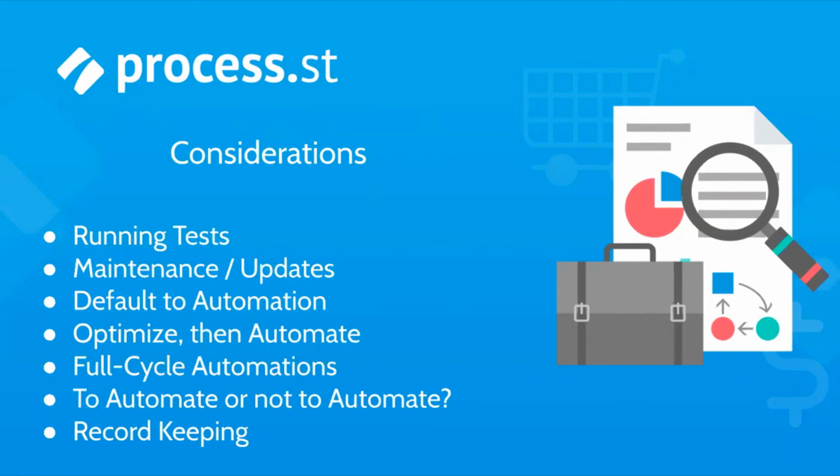Also, you have to consider whether or not to automate or not to automate. Of course, this is that famous Shakespearean quote, you know, to automate or not. No, I'm just kidding. But you want to consider whether or not you should or shouldn't. And really the reason why you shouldn't is either A, it's something that, as I mentioned before, is something specifically human that you should be doing, and really you can't really automate.